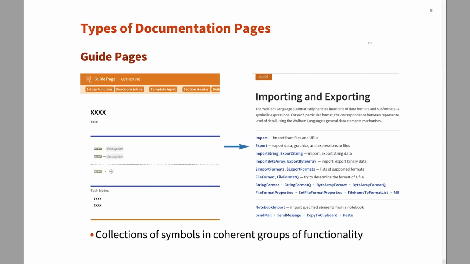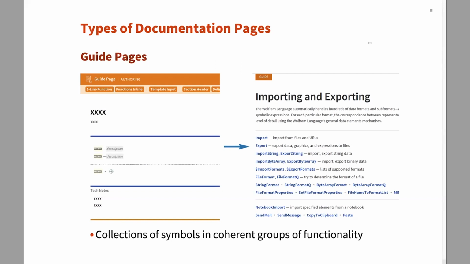Okay, the next type of documentation page, and if you were here for Bob's talk, and I'm assuming you were, he talked a little bit about these pages. We've got guide pages. Guide pages are kind of the parent level of reference symbol pages, right? You would write a guide page to collect symbol pages into a coherent group of functionality.